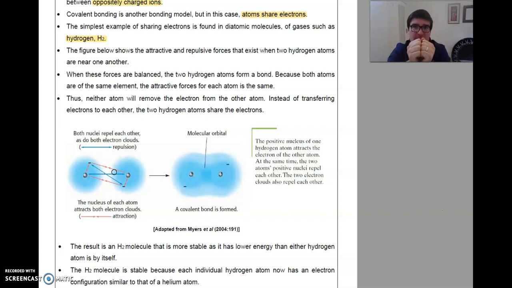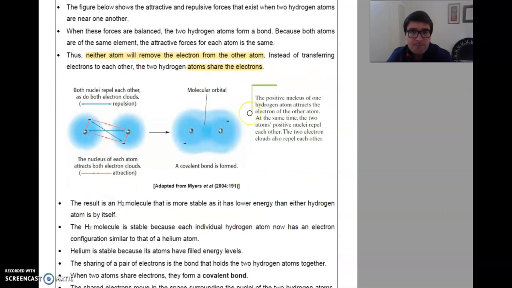The repulsive forces become the dominant force, and therefore they will push one another apart, and my potential energy graph increases exponentially. Okay, what is also important to remember is that in the case of a covalent bond, neither atom will remove the electron from the other atom. They will share the electrons between them.